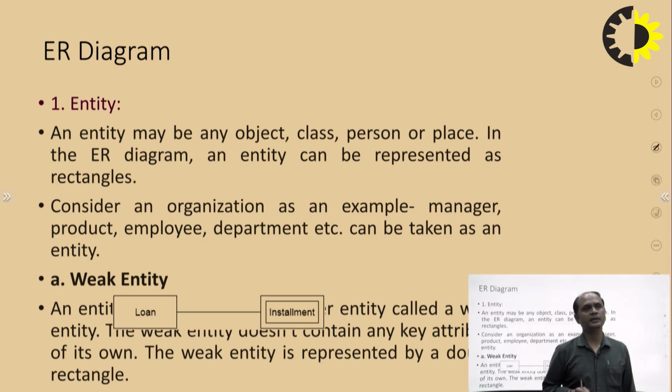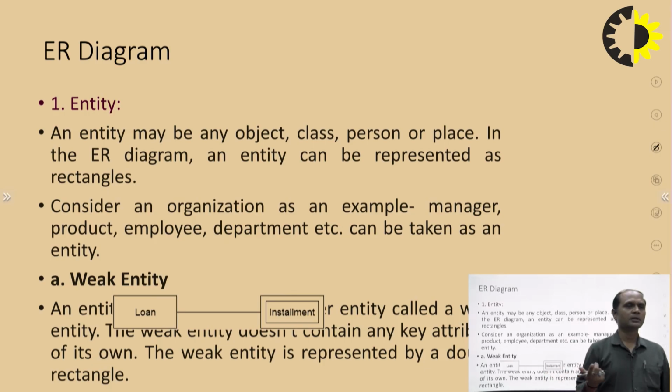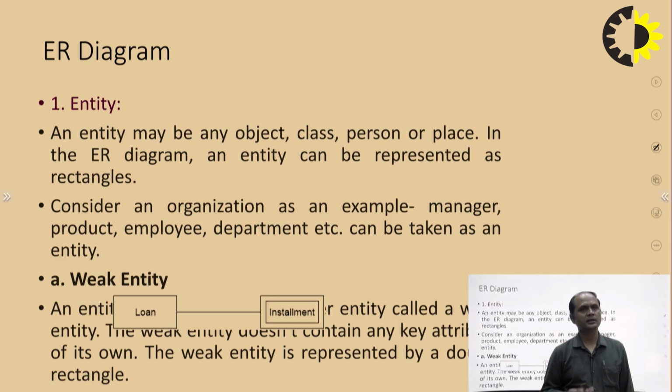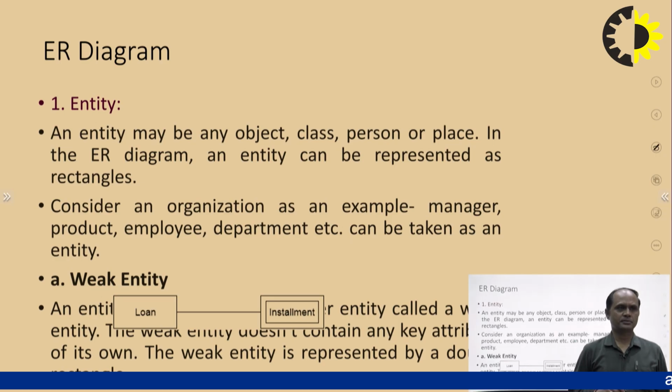Any entity, object, class, person, or anything drawn within the rectangular box is called an entity in the ER diagram. Suppose an organization has a manager, product, employee, department. There are so many entities in a particular organization.